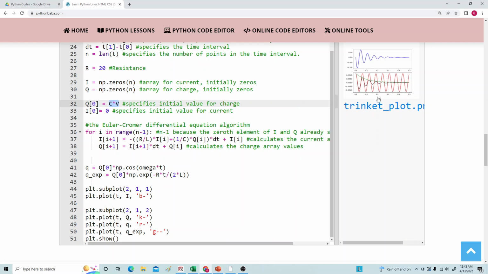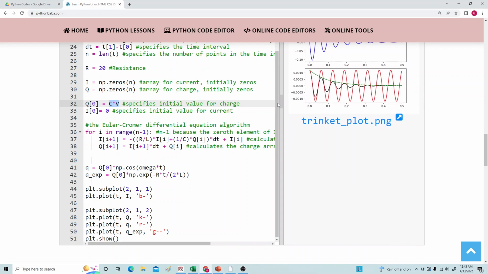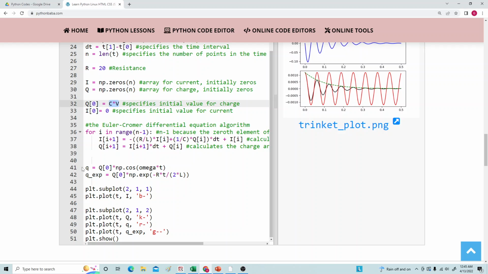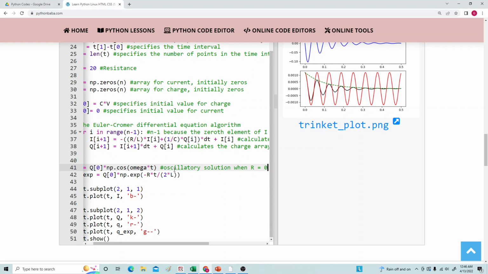So the red oscillations over here. So this will eventually be the function that's plotted in the red. Okay, so this is the oscillatory solution when R equals 0, right?